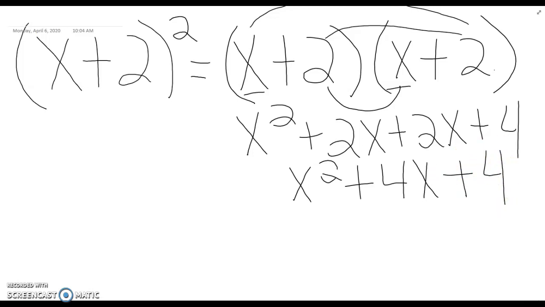Now, like I told you guys before, you can keep multiplying and using FOIL, but we can do a shorter way, which I know you guys like. We square the first thing, which is x times x, which is x squared. Then we do 2 times x times 2, because there are 2 of them.